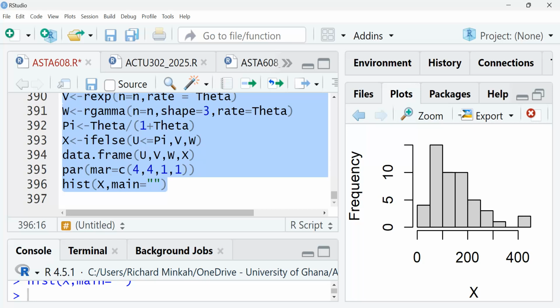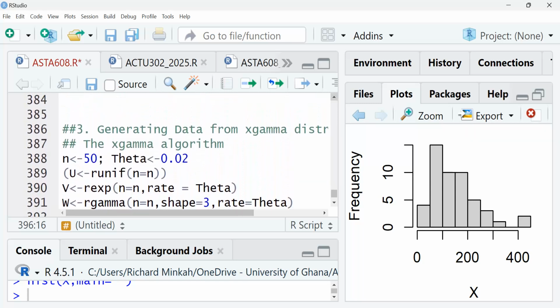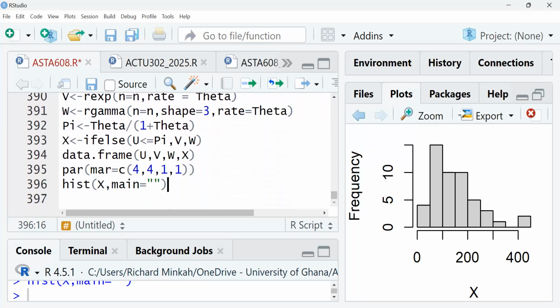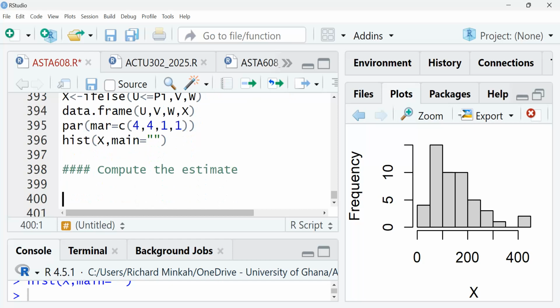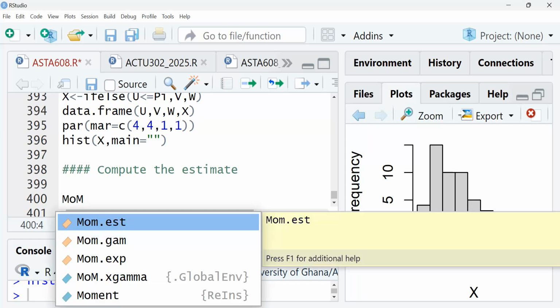Is everybody okay? Okay. So let's call the mom estimator, to compute the estimate. It's mom est.